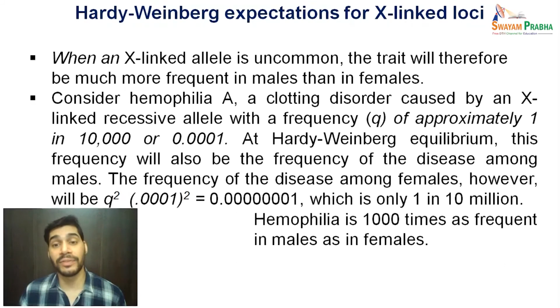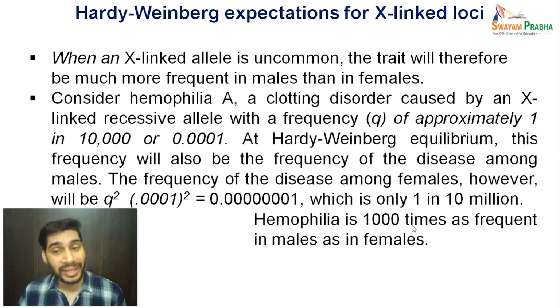The frequency of the disease among females, however, is Q square, as we just saw in the previous slide. So this is the value of Q. The square of it gives this expression, which is 1 in 10 million.